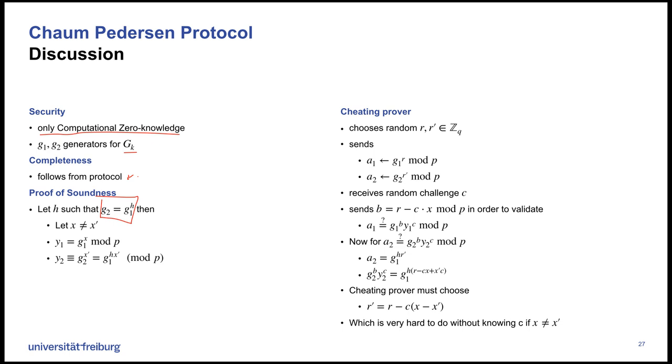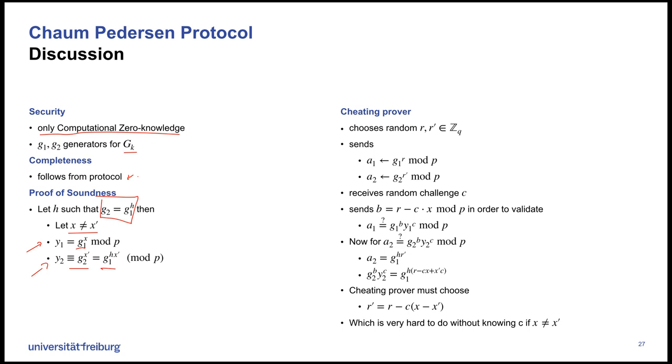Okay, now assume that we have two different x and x prime because we want to cheat. So y1 is G1 to the x and y2 is G2 to the x prime, which is different. But we can put this in the same base. So this is also G1 to the H times x prime.